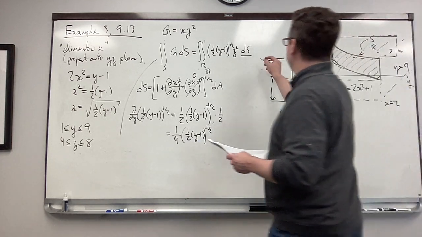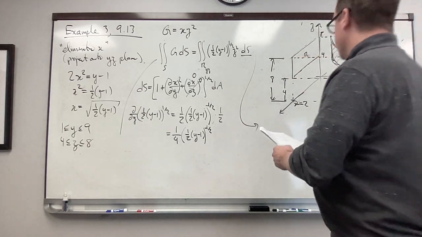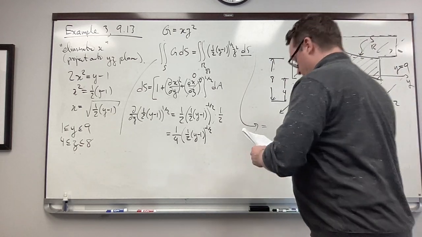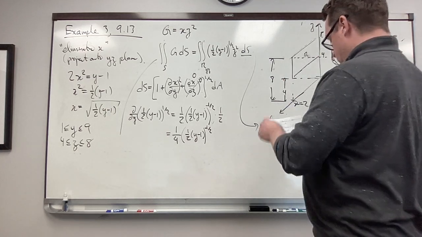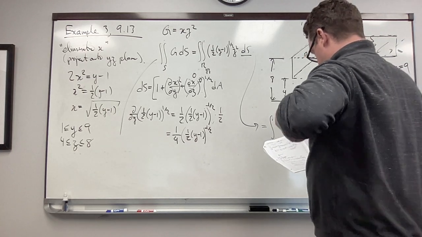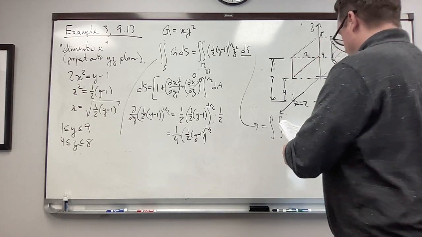So then this integral here, maybe I'll just write it over here. This guy would become equal to, so I've got dy dz.